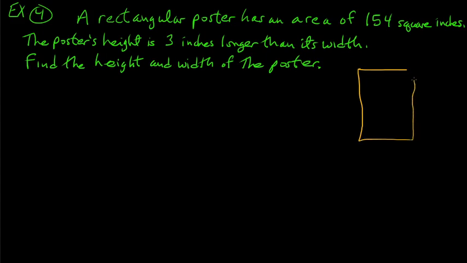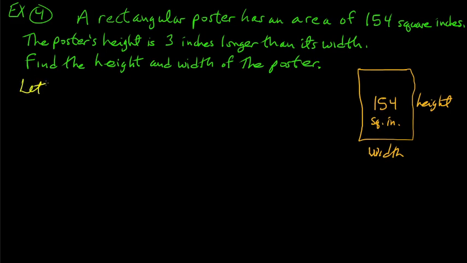So that's something like that, right? And we have the height and we have the width. And then the area inside, 154 square inches. So we're looking for the width and the height of the poster, right?